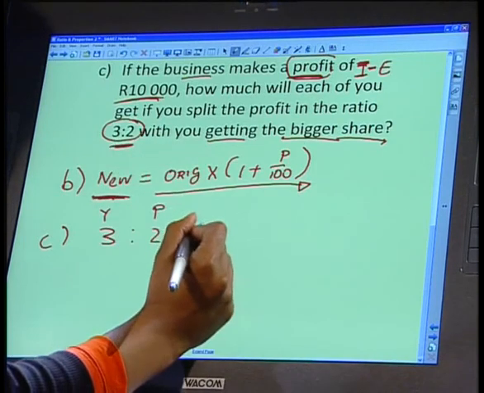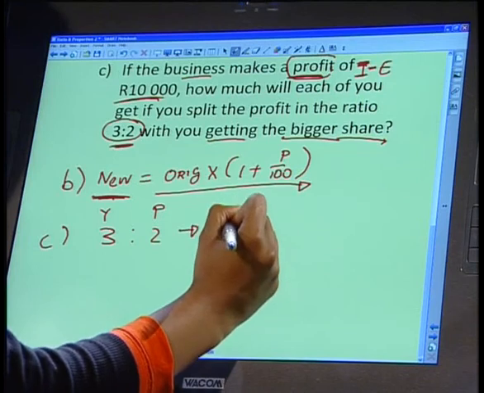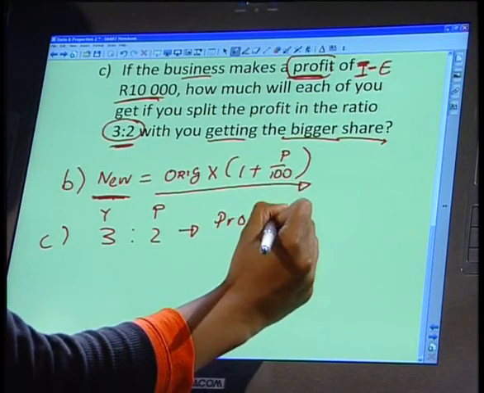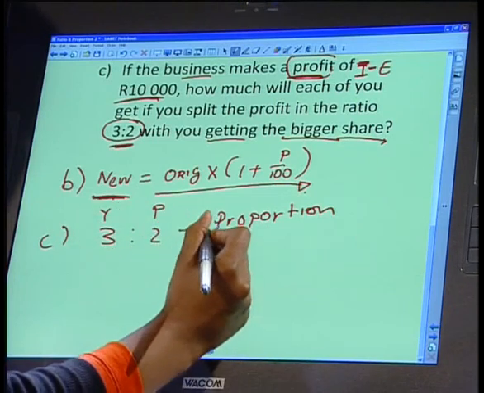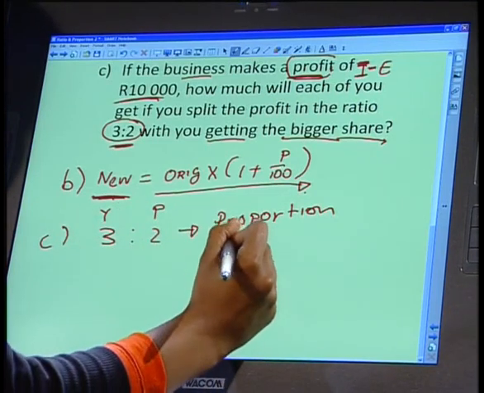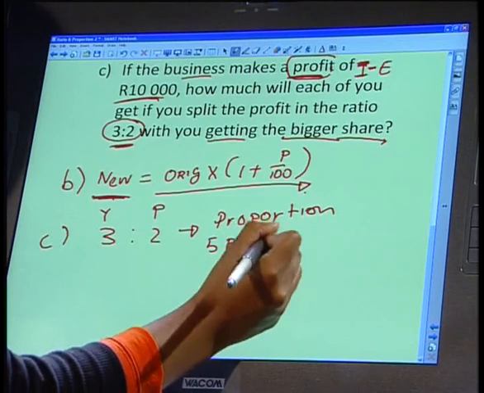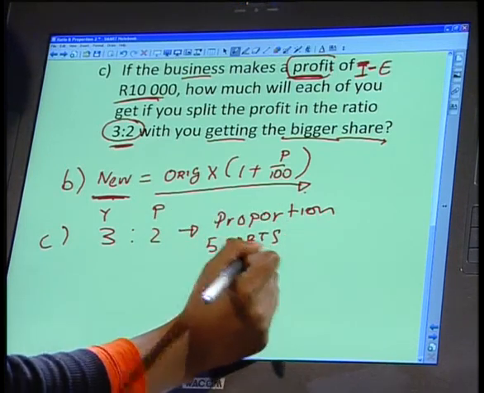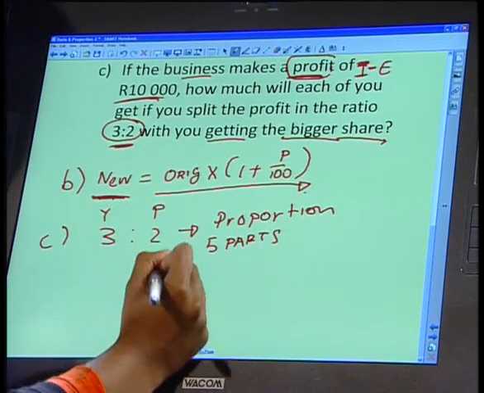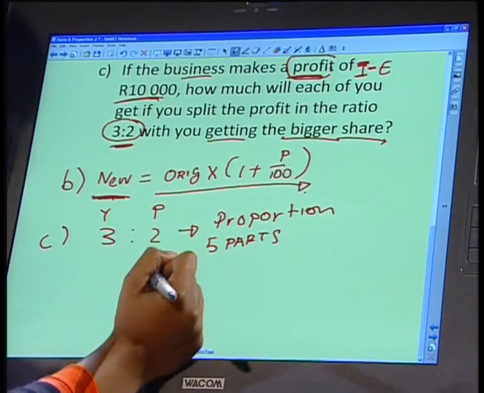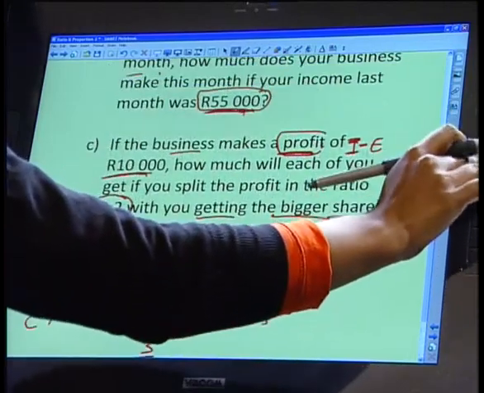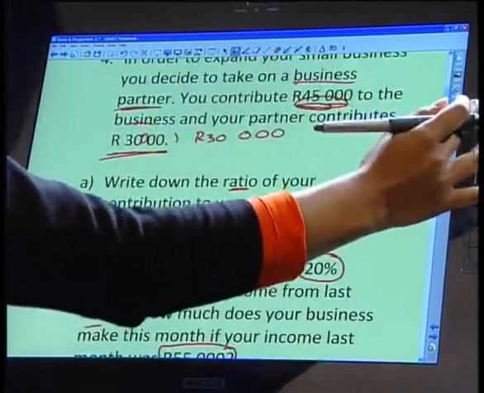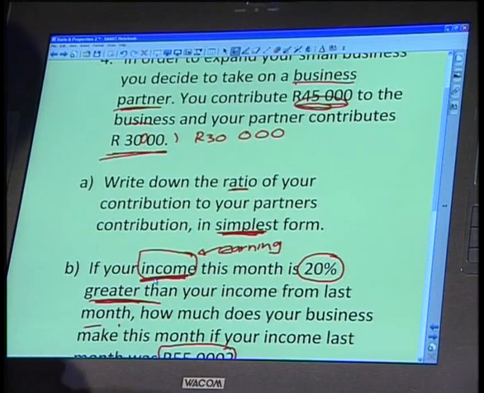So here, in order to help you, you need to change this to a proportion and say, well, I know that this money is going to be divided into 5 parts. Therefore, if I'm getting the bigger part of this, I must be getting 3/5 of that. So you will find 3/5 of your 10,000 Rand, and that is how much you will get. And you can then also work out how much your business partner will get.